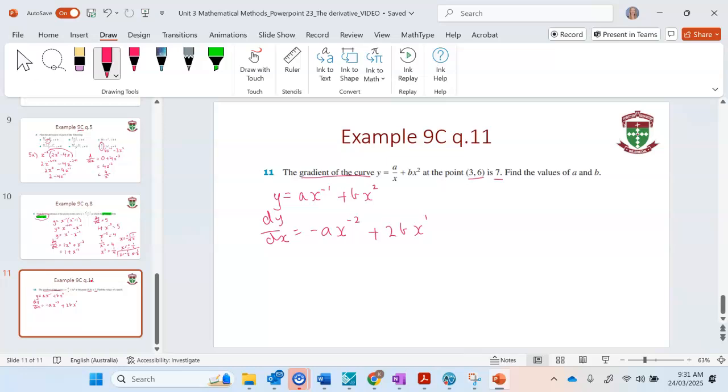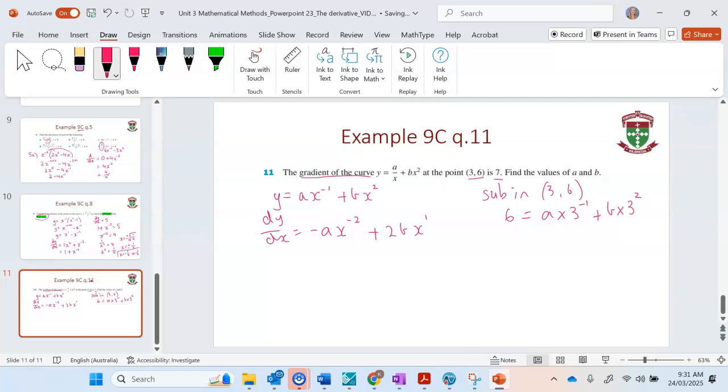So let me just sub in 3, 6 into our initial equation. So we got 6 equals a times 3 to the negative 1 plus b times 3 squared, because it's telling us that that point is on this graph.